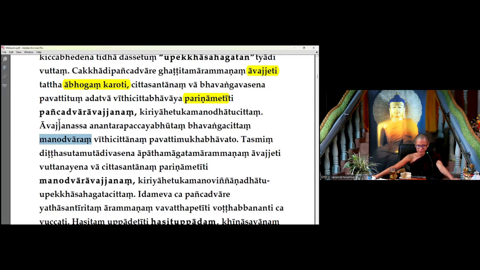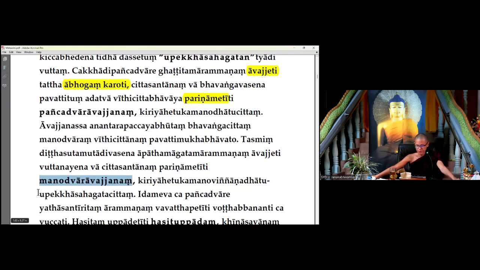After that, tassa means Manodvāra samaya. What is Āvajjeti? Manodvārāvajjana.